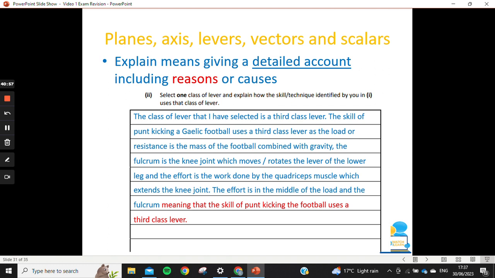So again, we're explaining the load or resistance, we're explaining the fulcrum, we're also explaining the effort in relation to this specific skill. And then we're making sure that the examiner knows that we know that the effort is in the middle of the load and the fulcrum, meaning that the skill of punt kicking the Gaelic football uses a third class lever.